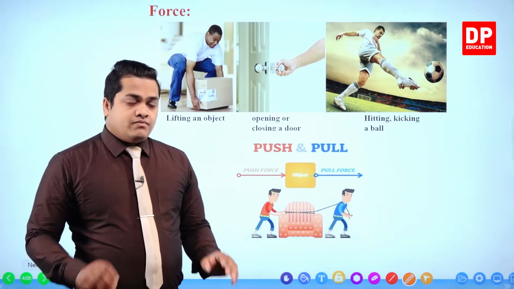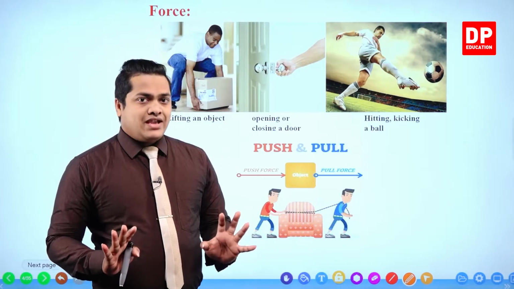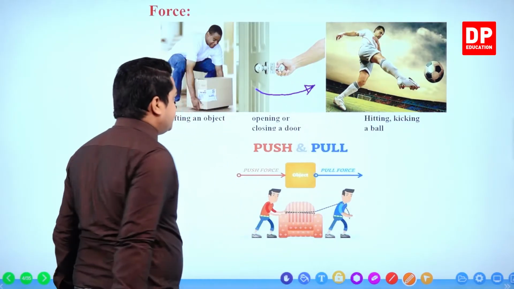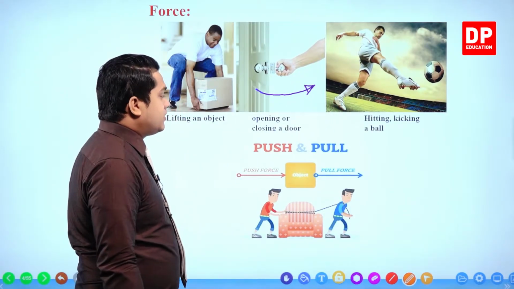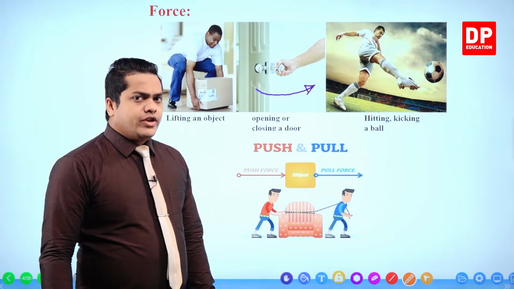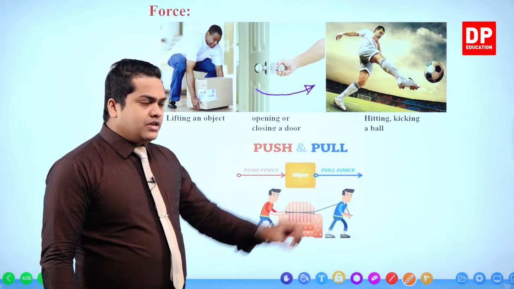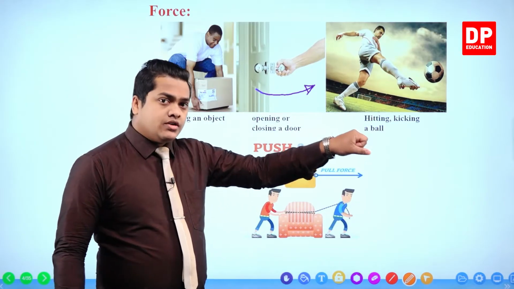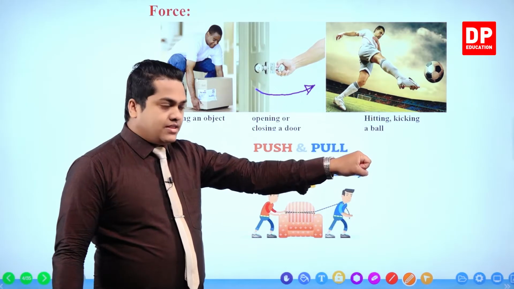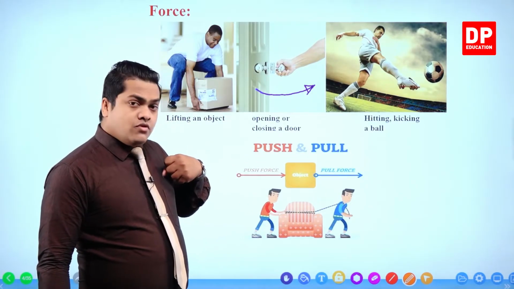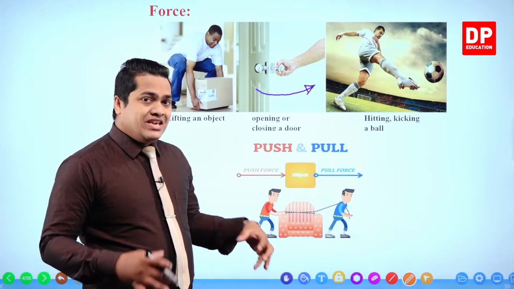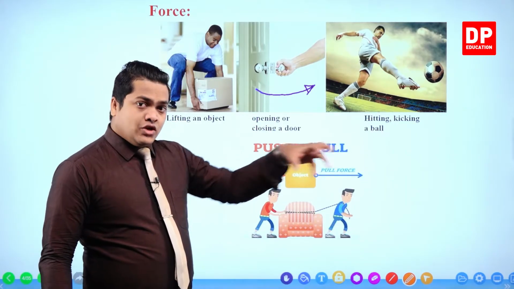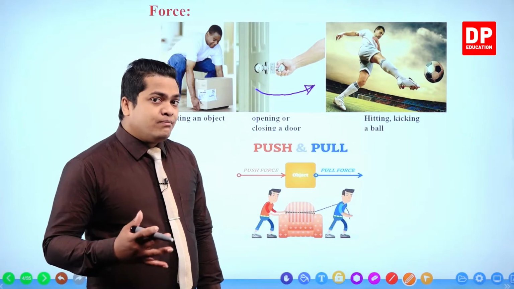In the second instance, we'll imagine that this person is going to open the door, not close the door. In opening, he has to hold the lock, this grabbing part, the metal ball like this. Then he applies a force in the direction where he is standing, towards him. If the force is applied towards the person, then it is a pull, my dear children.